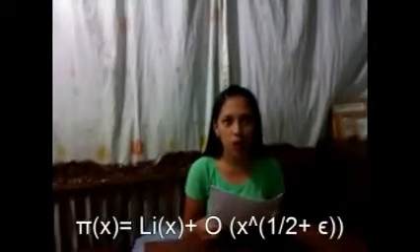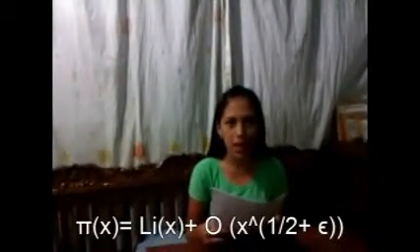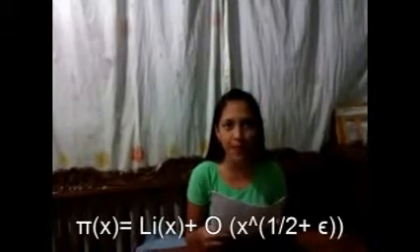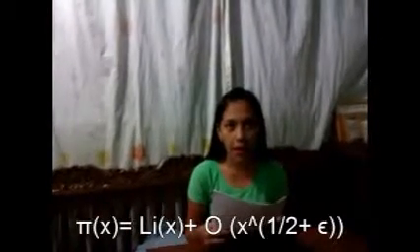Havil 2003, page 205, which can be written in a slightly weaker form: pi of x equals Li of x plus O of x to the power 1/2 plus epsilon (Derbyshire 2004, pages 237 and 242 to 244).